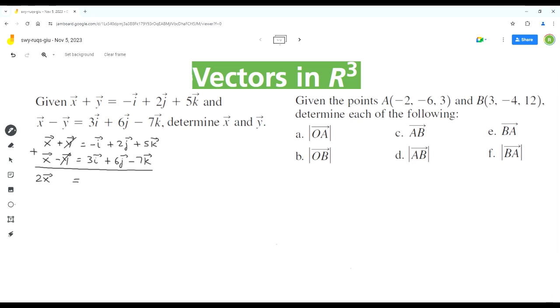And on the other side of the equation, we can add the i, j and k terms. So for the i term, negative 1 plus 3 is equal to 2. And 2 plus 6 is equal to 8. And 5 plus negative 7 is equal to negative 2.